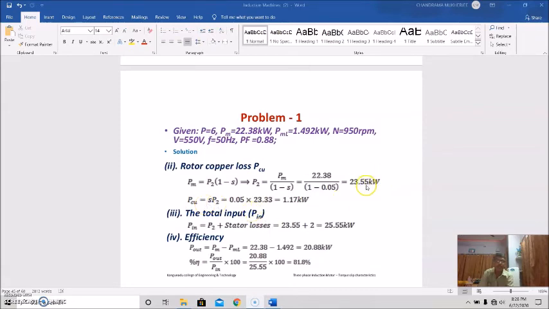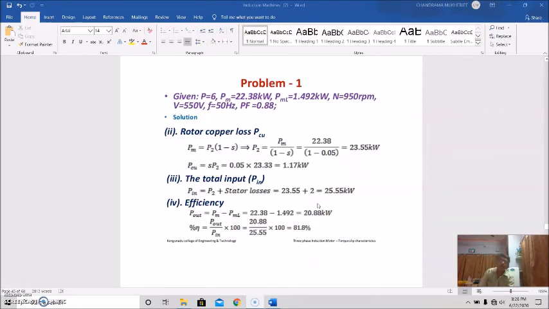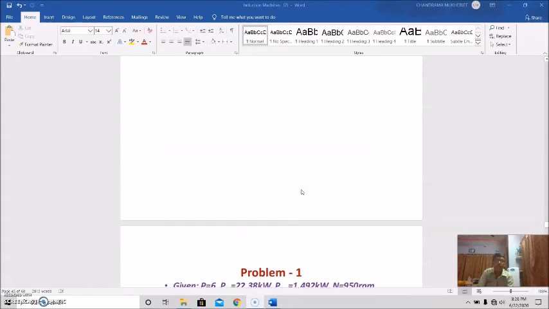With P2 found and S equal to 5%, it will be 1.17 kilowatt. The total input power is how much? It is P2 plus the stator losses. The stator losses are given actually, 2 kilowatt.